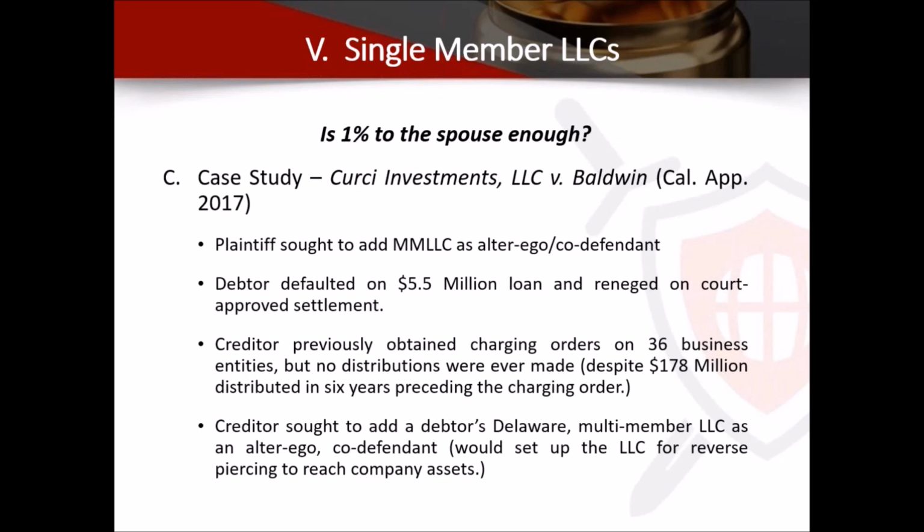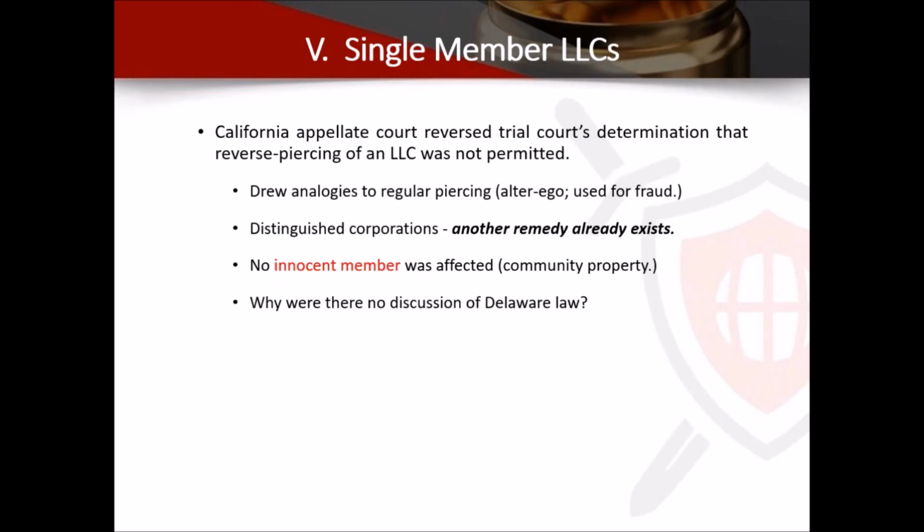So the appellate court said, no. We're going to allow veil piercing in this situation. It didn't really get into it because he owns 99%. This was flagrant. It didn't really get into that, but they allowed it to go back to the trial court and potentially pierce through to get Baldwin's equity.